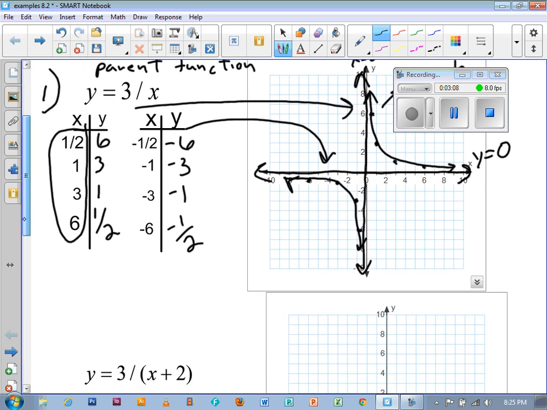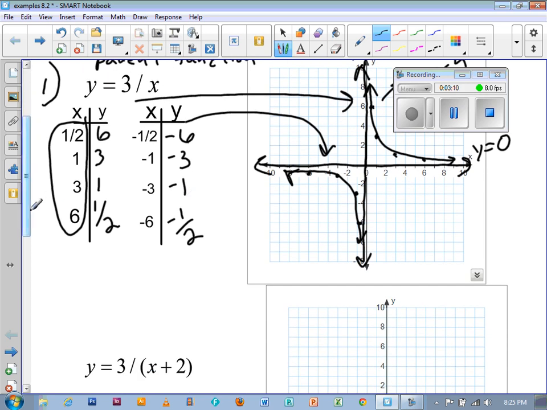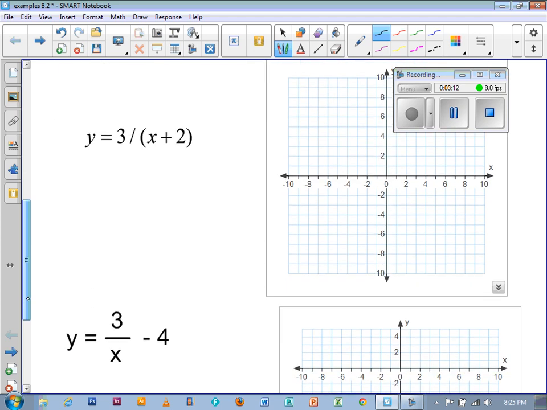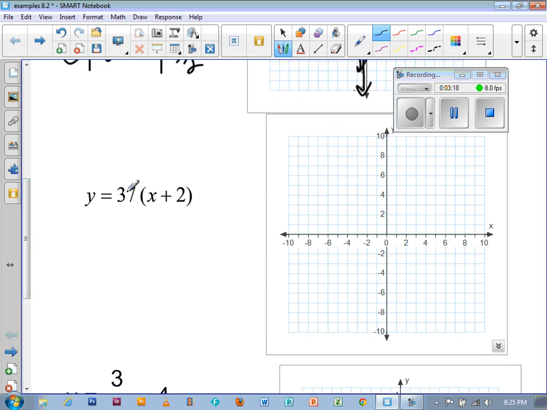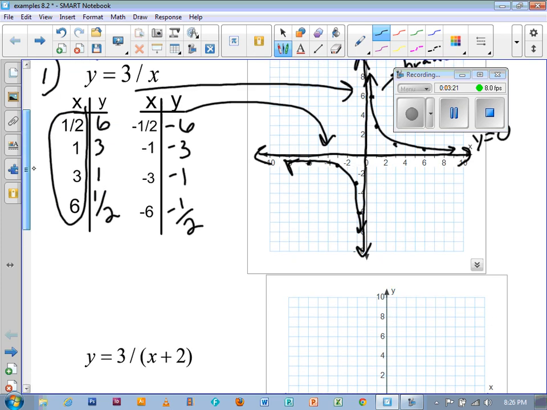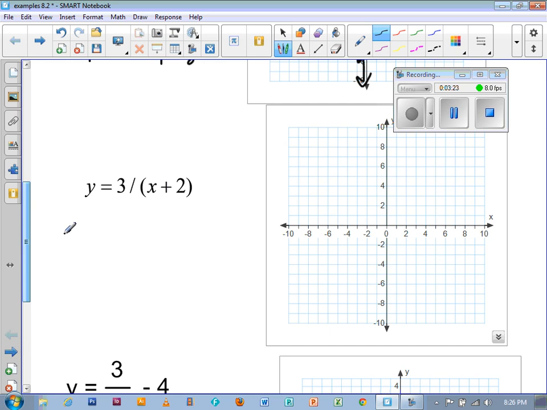But what we're going to do now is take these points and slide them down and show you how to graph this equation on the grid. And what this equation, if you notice, the constant's the same. The only thing that's changed is we're adding 2 to the denominator.